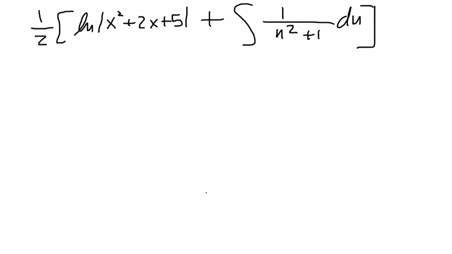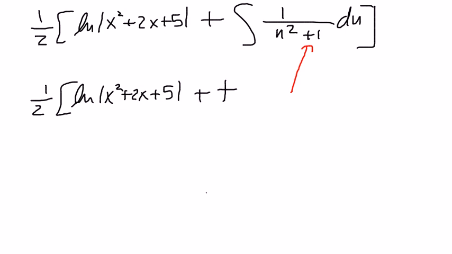Alright, and then some of you missed this in your quiz, but the integral of 1 over u squared plus 1 is inverse tangent, so there's no natural log there anymore. So this is, excuse me, inverse tangent of u, and then finally we're ready to add plus c.